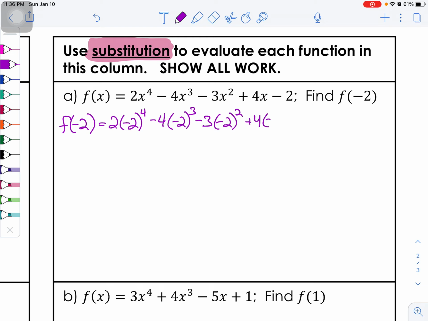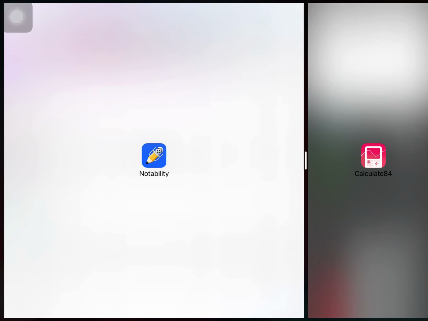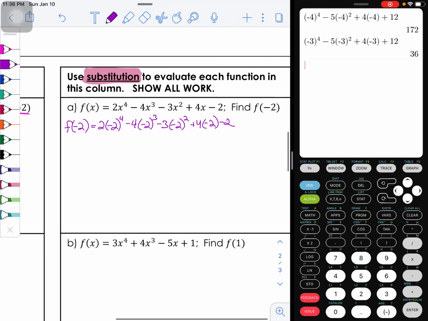That is a horrible 3. Let's try that again. And whoops, did I just change? I did. I just randomly changed my x value. Let me double check. So -2, -2. Okay, all of them are -2s, and I'm going to go ahead and grab the TI-84.